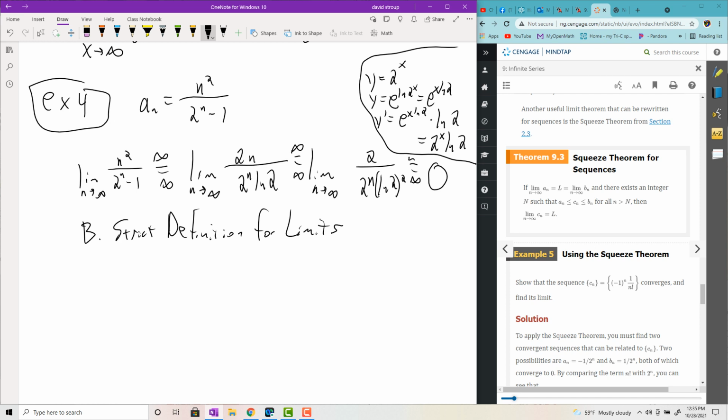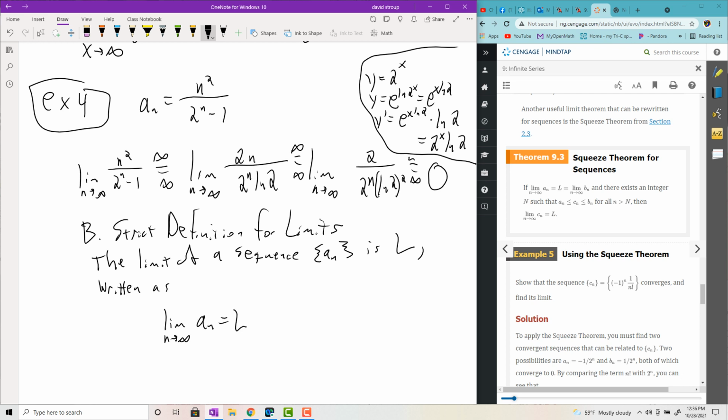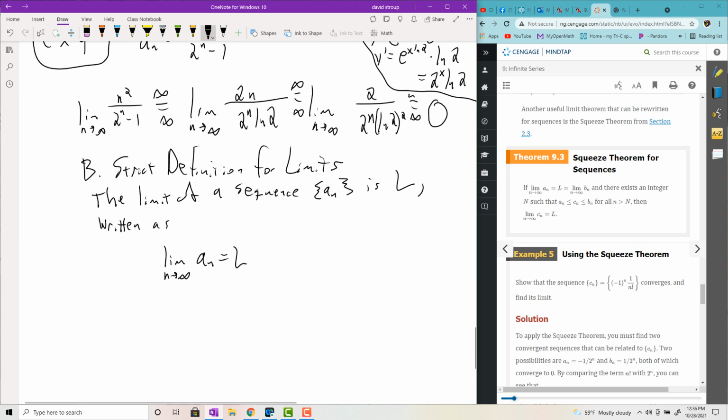But anyways, the strict definition of a limit: the limit of a sequence a sub n is L, which we write limit as n goes to infinity of a sub n equals L, if the following is true.